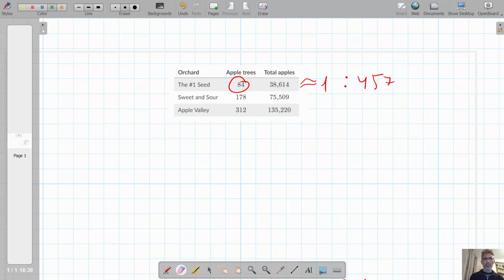Okay, second orchard, 75,509 divided by 178.